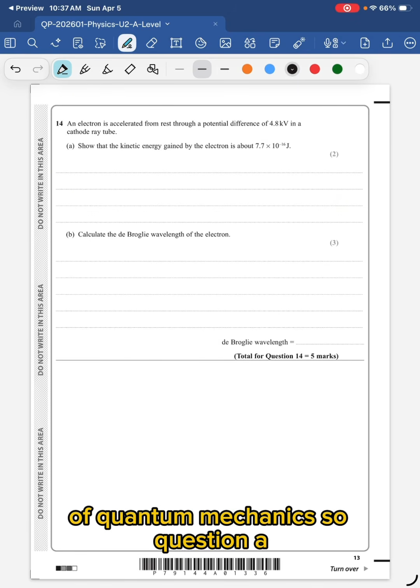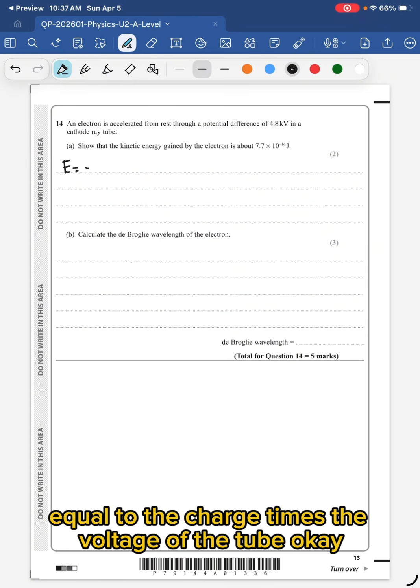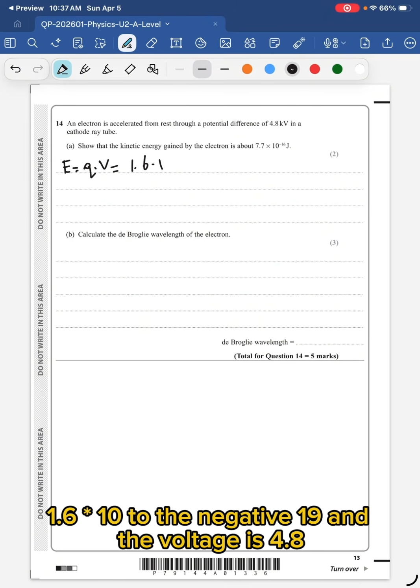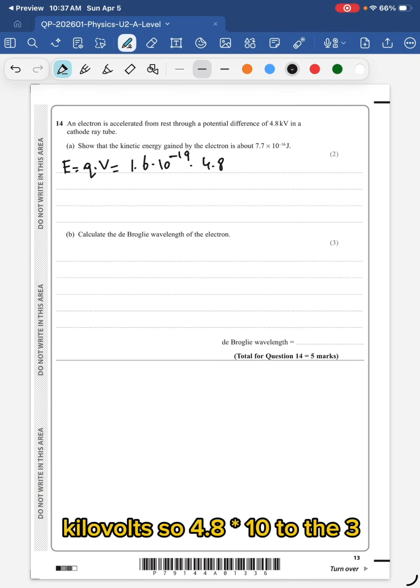So, question A, the energy is simply equal to the charge times the voltage of the tube. Okay, so the charge, since we are talking about electrons, 1.6 times 10 to the negative 19, and the voltage is 4.8 kilovolts, so 4.8 times 10 to the 3.